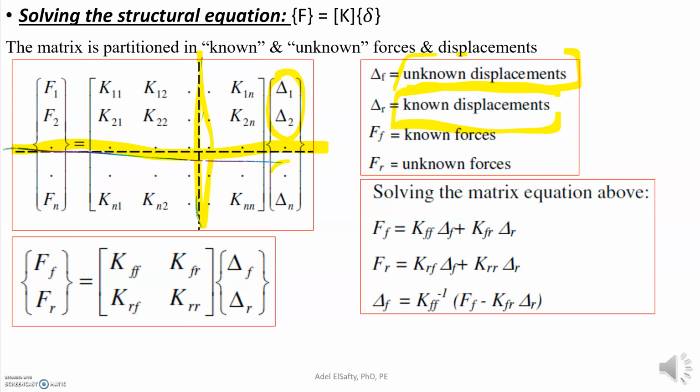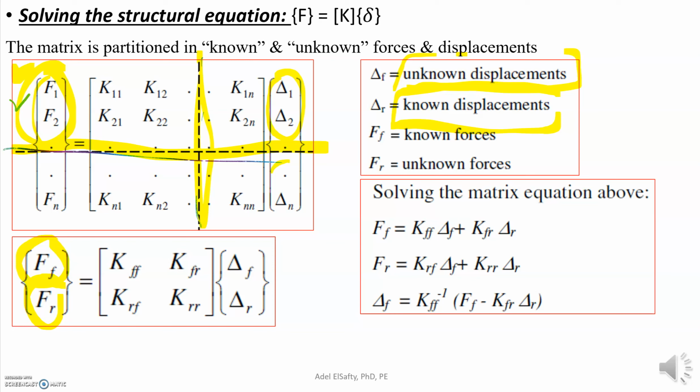And there are known forces, which are these two, and then the unknown forces. The beauty of this partitioning is that you can use this small matrix, F1 and F2, which are the known forces, equals the small matrix of K multiplied by this delta, which is unknown.